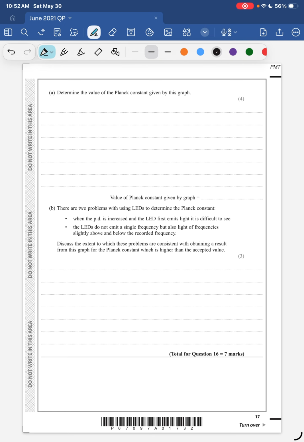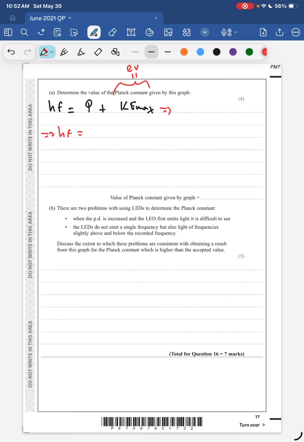Okay, let's start with the photoelectric equation. So H times F is equal to the work function plus the kinetic energy max of the electrons, but this kinetic energy max is going to be provided by the potential difference. So E times V. So let's write this down.